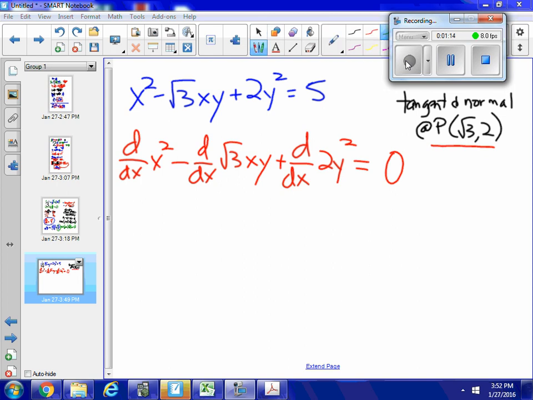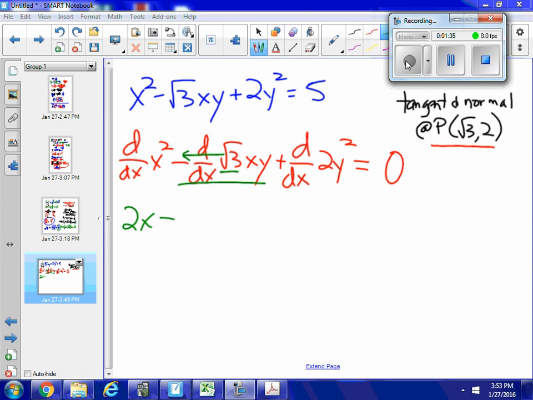Let's work through this. The derivative with respect to x of x squared is pretty straightforward, that's just 2x. Now this derivative here is a little bit more complicated. I see that I have a constant, so I'm going to pull that constant through the derivative.